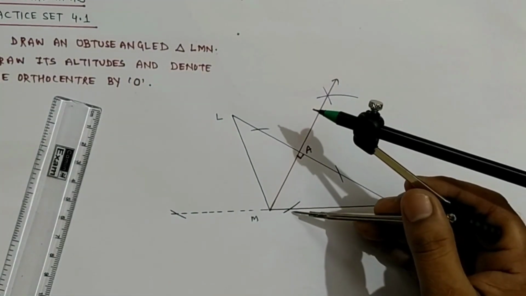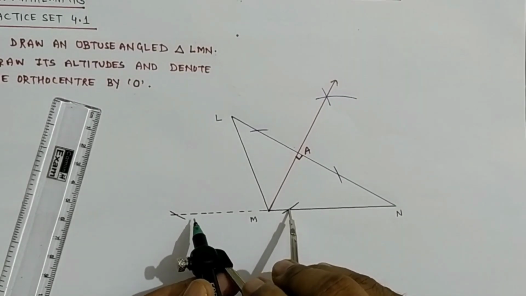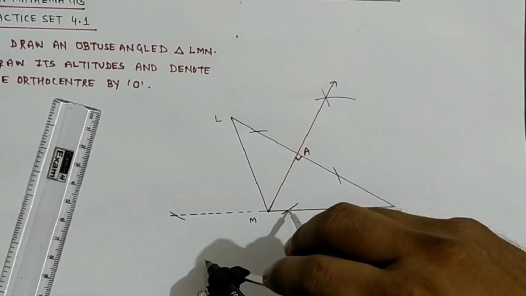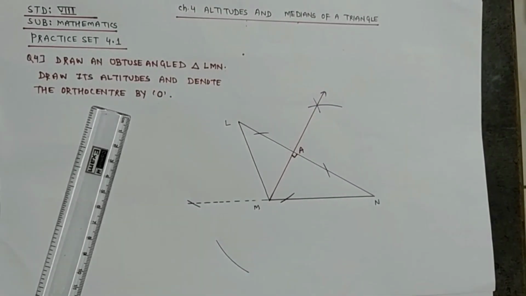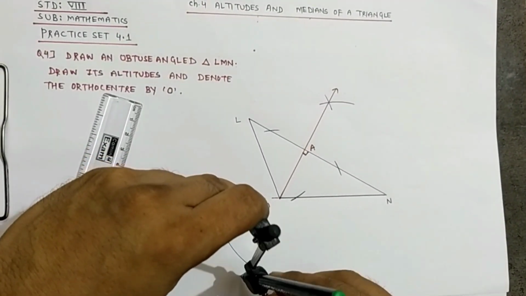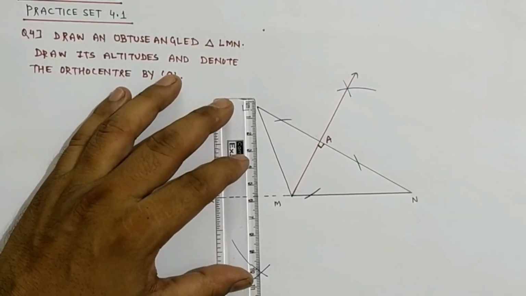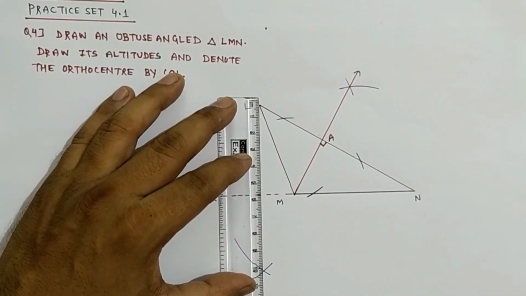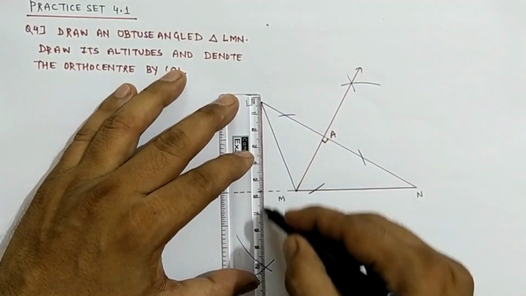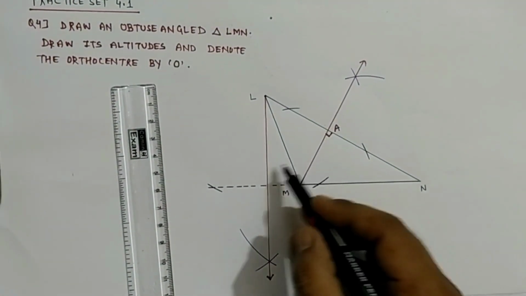Now keep the compass on the first arc. Distance should be more than half. Cut the arc, and from this also cut that previous arc. So from this L we are going to get the perpendicular altitude. You can see in case of obtuse angle triangle, this altitude we are getting outside the triangle.